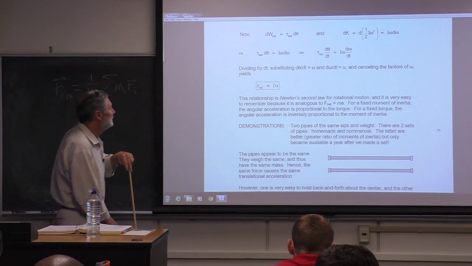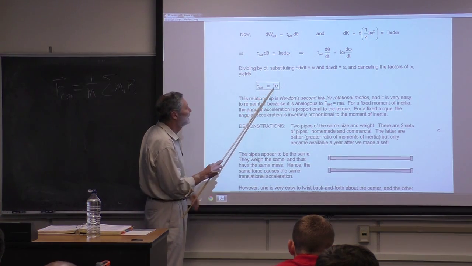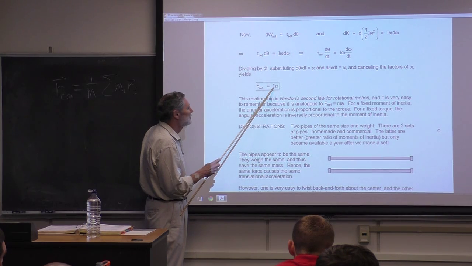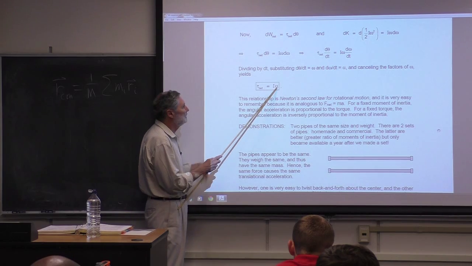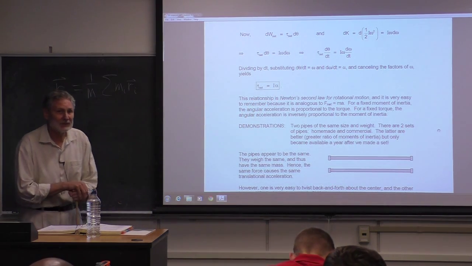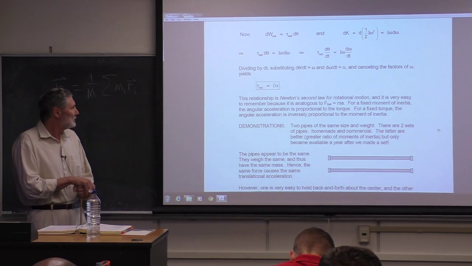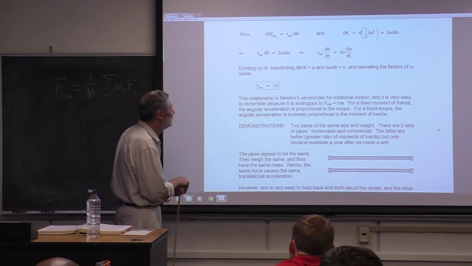So you'll notice here that if we fix the moment of inertia, the angular acceleration responding to a torque is proportional to the torque. If I double the net torque for a fixed moment of inertia, I'm going to double the angular acceleration.